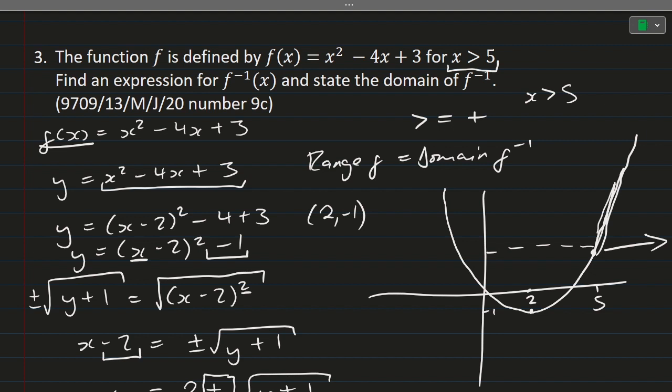To do that, we are going to substitute into f of x. We know that f of x is equal to x squared minus 4x plus 3. So substitute x with 5 and you get 5 squared minus 4 times 5 plus 3.